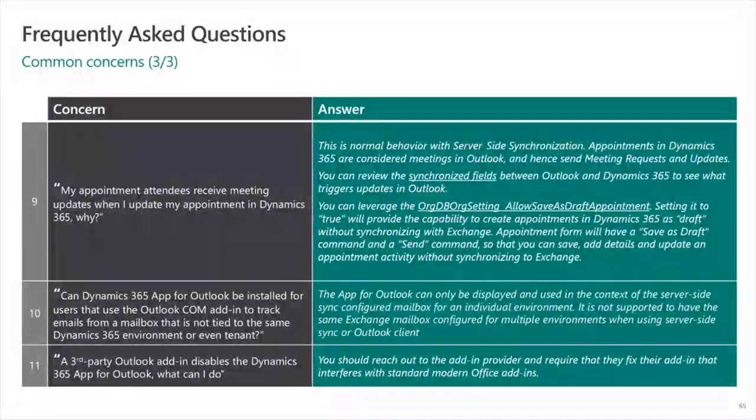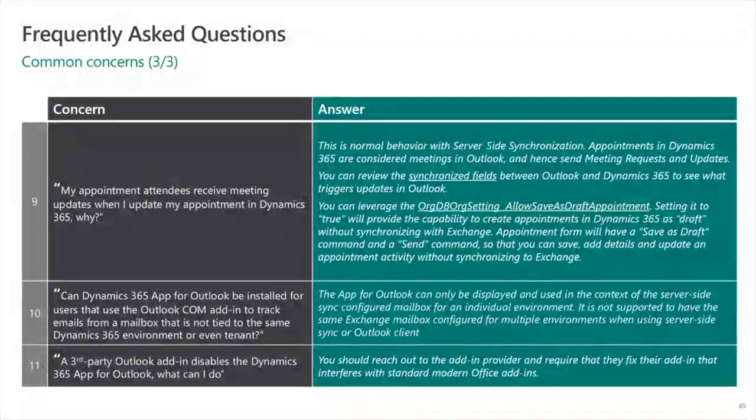There is also a setting that you can enable yourself to save the appointments in Dynamics 365 as draft, which means they are not sent to Exchange and therefore not synchronized at all with Outlook. That means attendees don't receive any appointment invitation, but at the same time, the appointment is not synchronized to the user's calendar in Outlook.